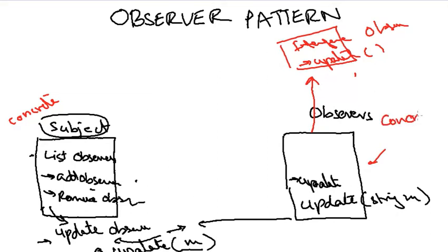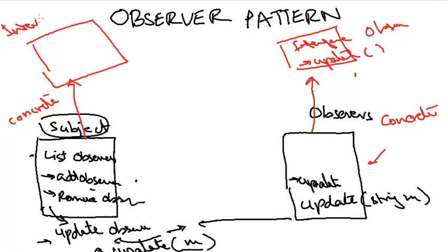Similarly, for the subject we can either have an interface or an abstract class, whatever you find best. If it is an interface, there will be the functions add observer, remove observer, and update observer, which will be implemented in the concrete subject.